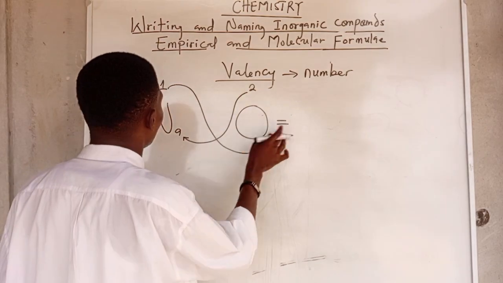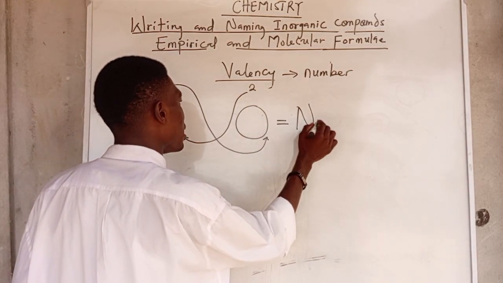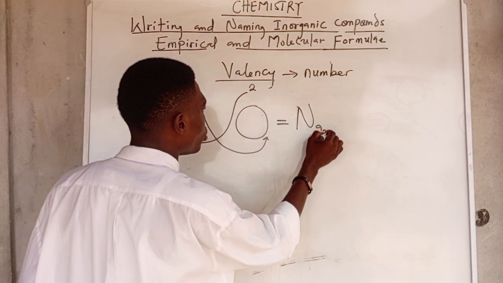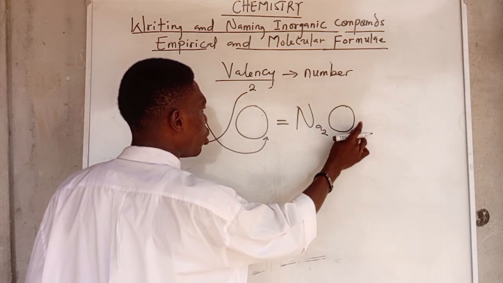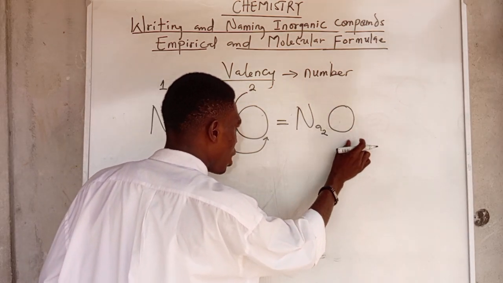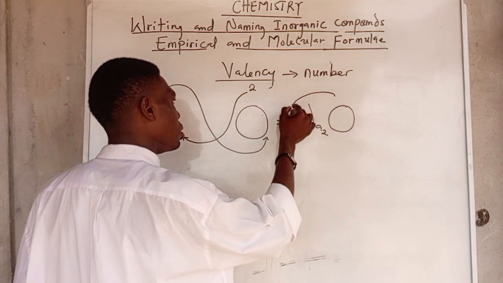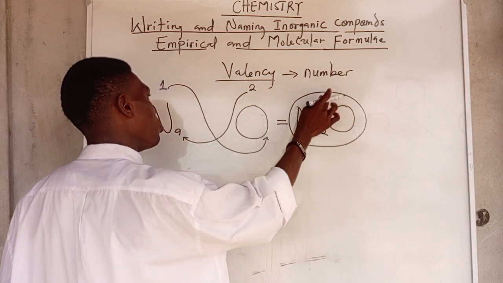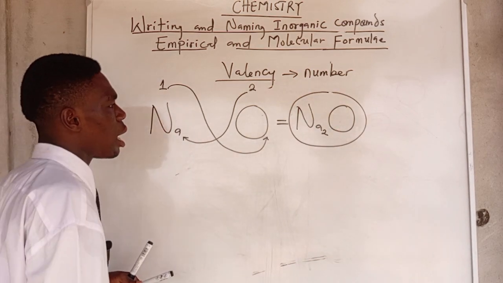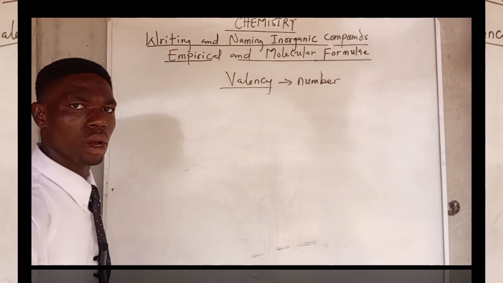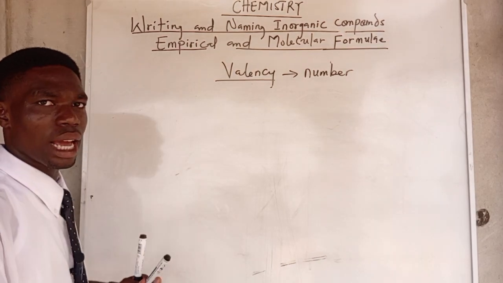So that will end up giving me what? Na2O, right? The 1 we don't put. If nothing is there, it means that is 1. So this is the chemical formula formed between the combination of sodium and oxygen.